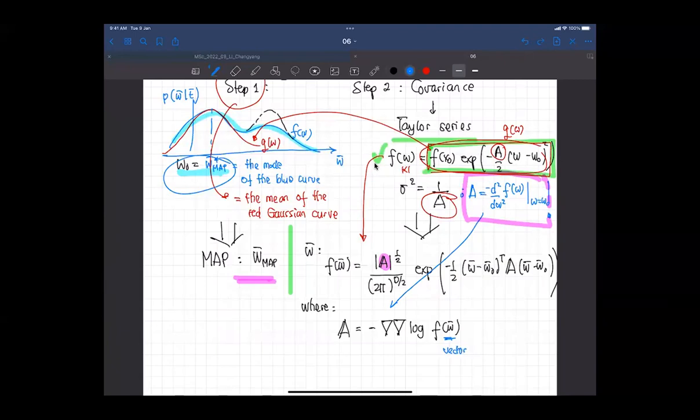So this variable here is the second derivative of your blue line. Is that clear?